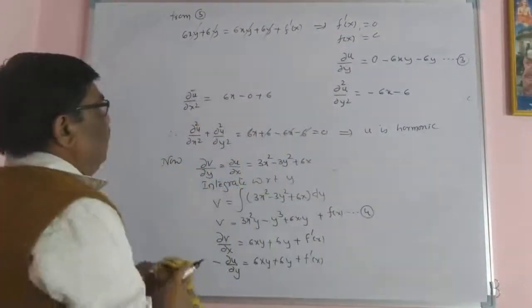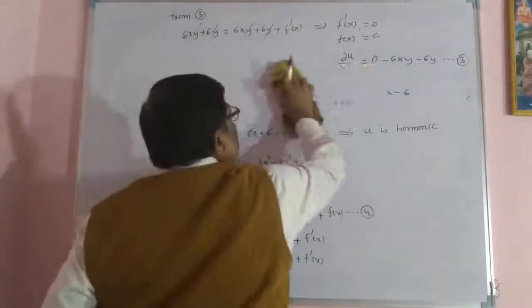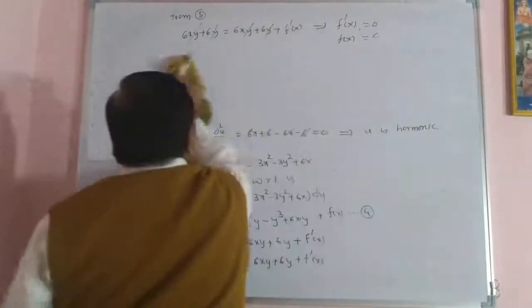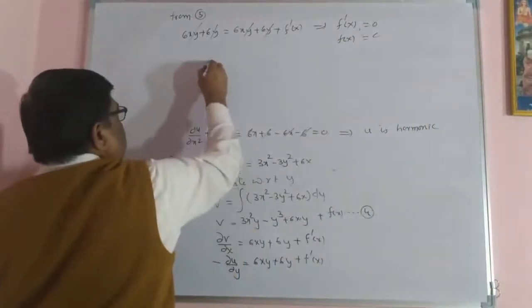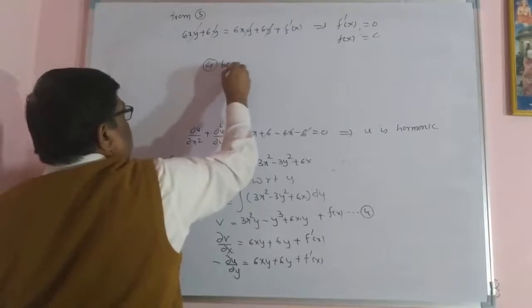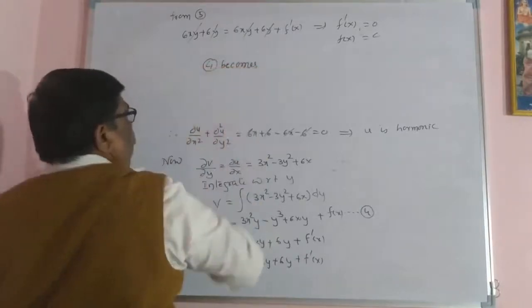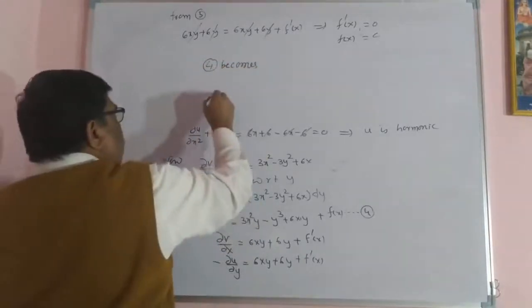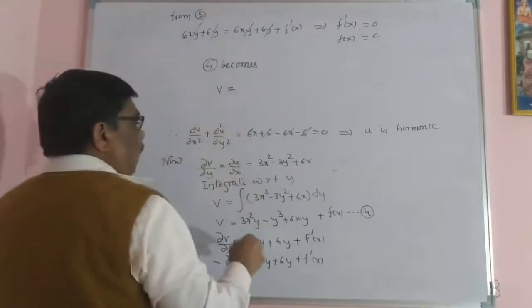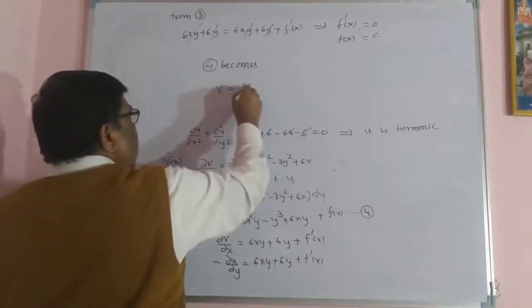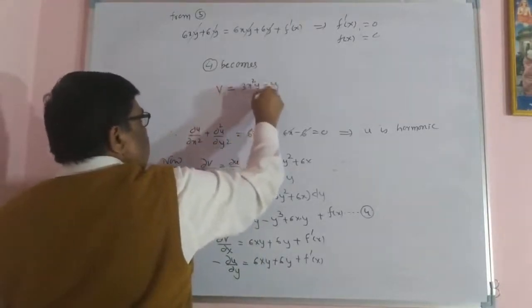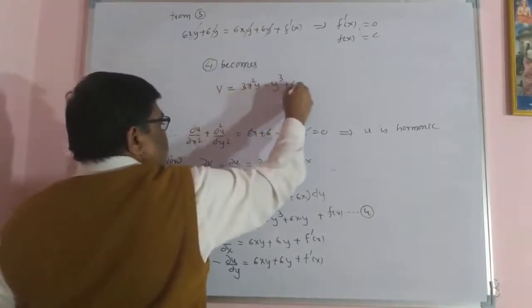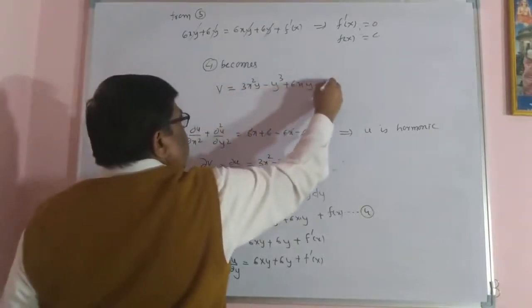Substitute in 4. Equation 4 becomes v equals 3x square y minus y cube plus 6xy plus constant.